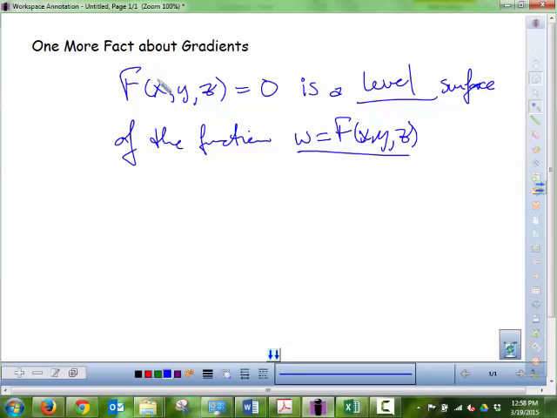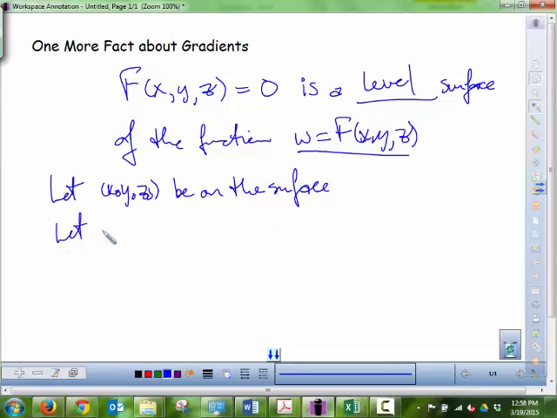So we're going to attempt to extract the gradient from somewhere here. And the way we're going to do that is we're going to create some random curve. So first, let's let x naught, y naught, and z naught be on the surface. And we're also going to let r of t be some curve on the surface.